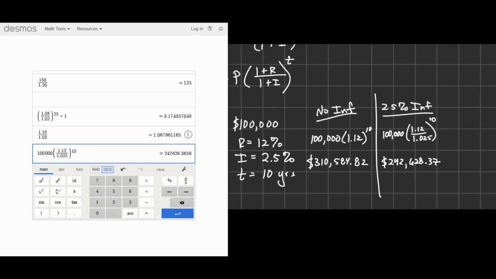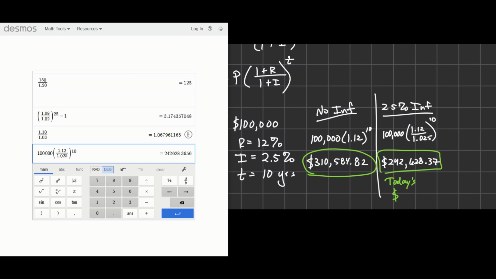All right, so compare these. This is the amount that we'll actually have in the bank account. This is basically the amount in today's dollars, because everything we're doing with the inflation is based on today's dollars. So you'd have about $250,000 of today's purchasing power.